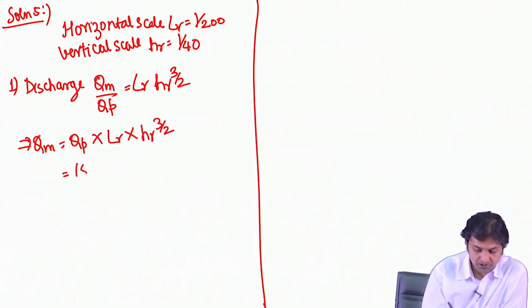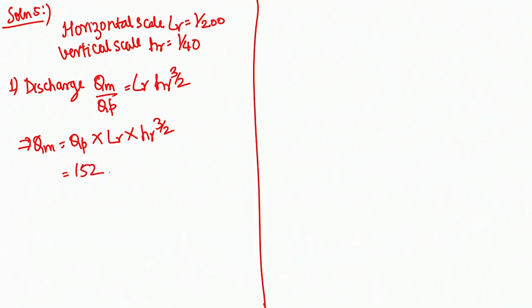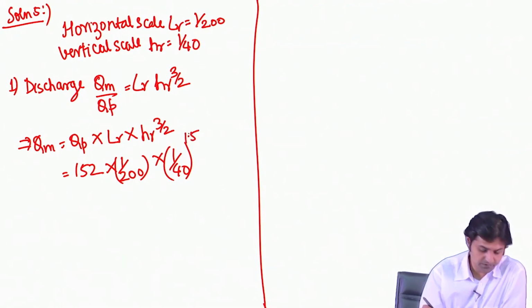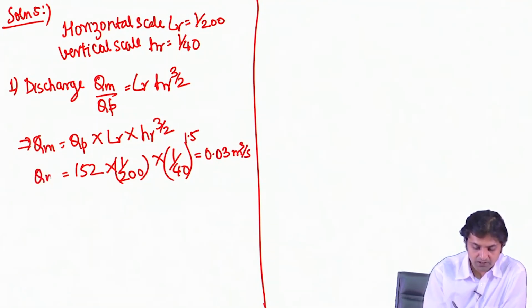Qp is 152 meter cube per second multiplied by 1 by 200, and Hr is 1 by 40 to the power 1.5, and this will give 0.03 meter cube per second in model.